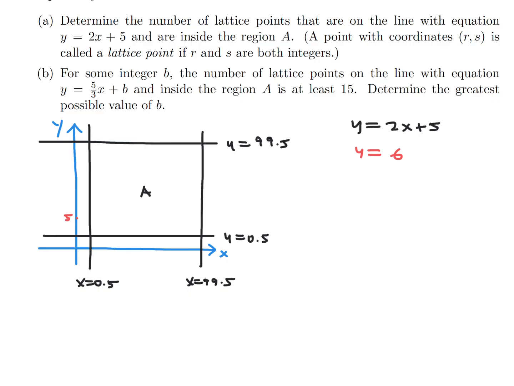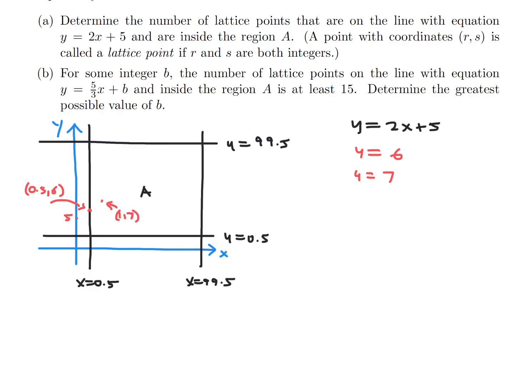Is that right? Yeah, so 0.5 and 6 is going to be there. So this point is 0.5 and 6. That's not a lattice point. A lattice point has to have integers. So let's try 1. When x is 1, this will be 7. So this is the first lattice point, this guy, 1, 7.